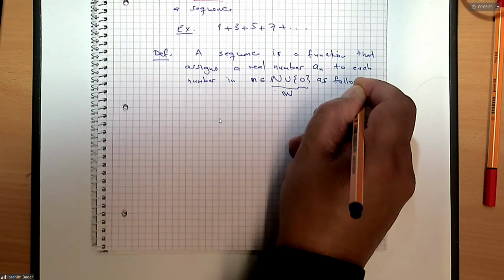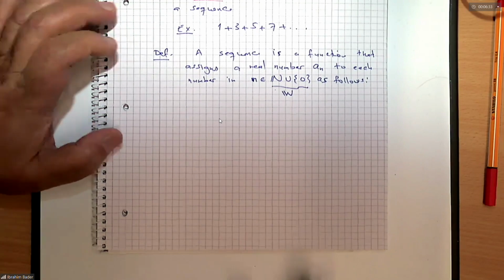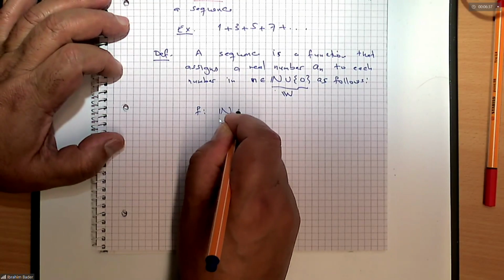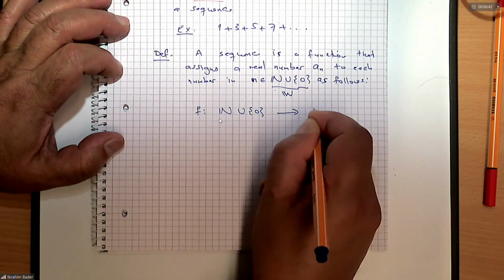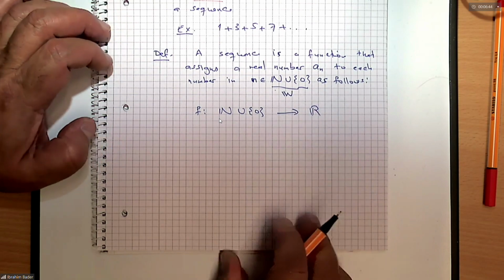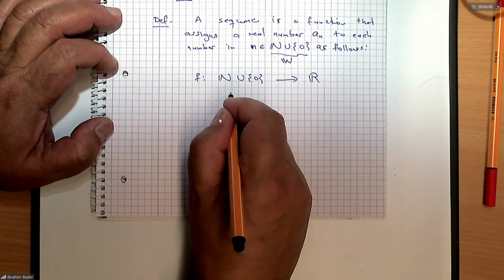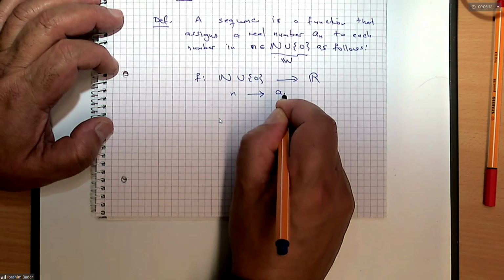We will define the mapping or the function here. This function has a domain, as we mentioned, and it maps elements to R. Okay, so it's domain, and each n here is mapped to a sub n.